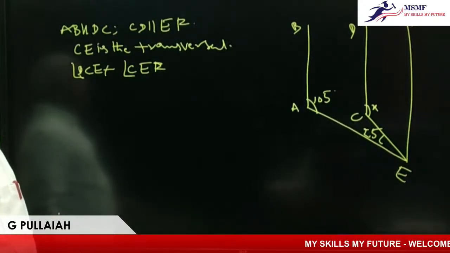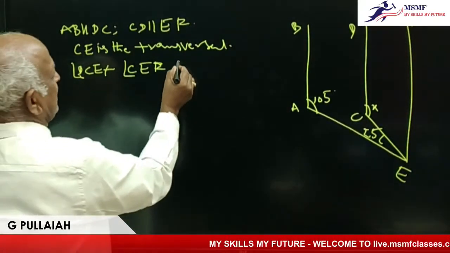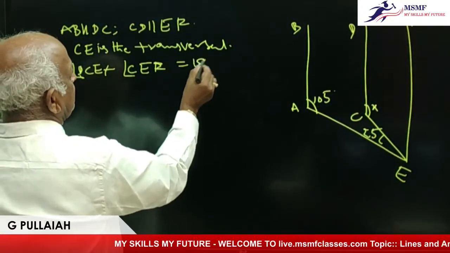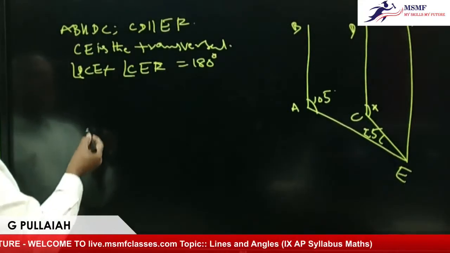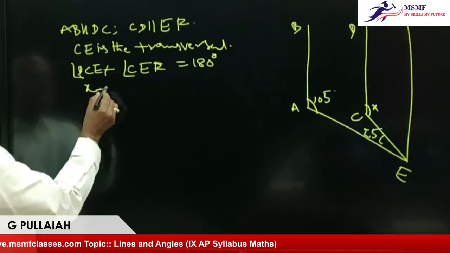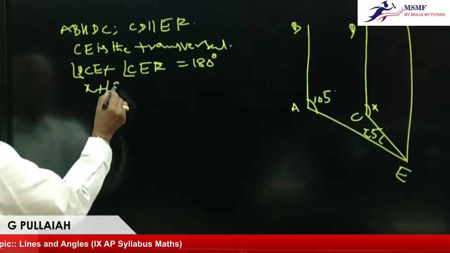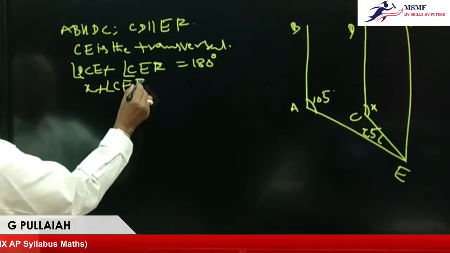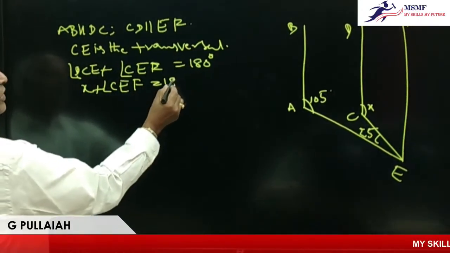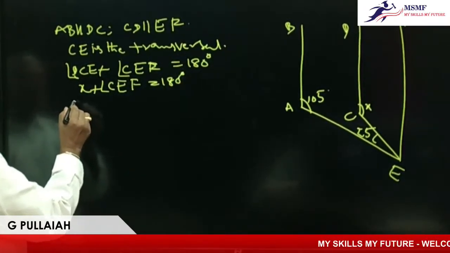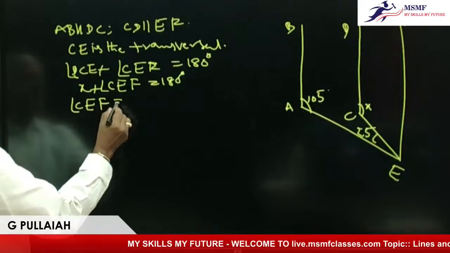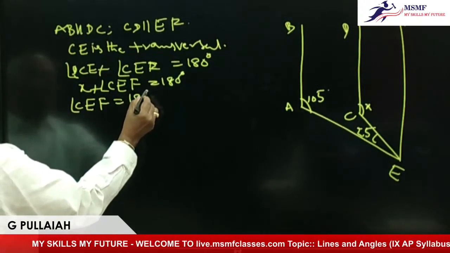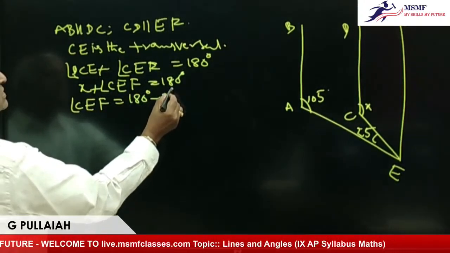The sum of these two angles is equal to 180 degrees. Therefore, you can say they gave that DCE is equal to x degrees, and therefore you can say angle CEF is equal to 180 degrees minus 80 degrees.